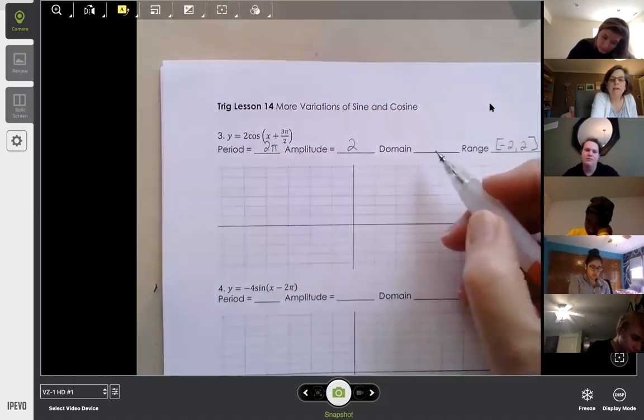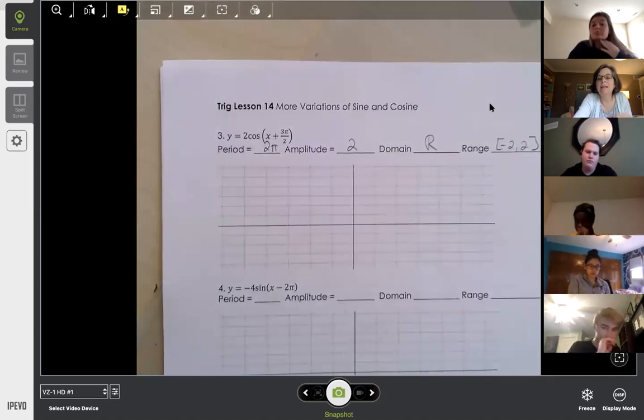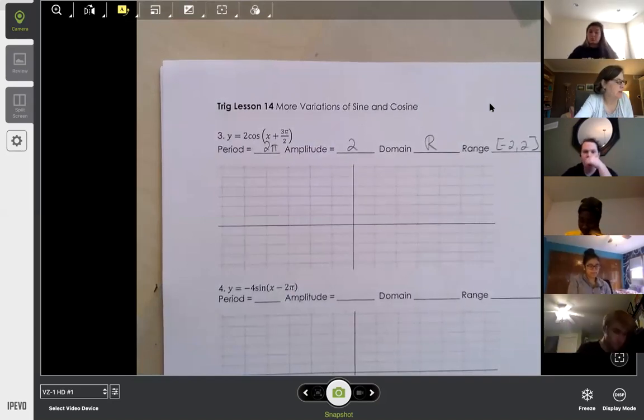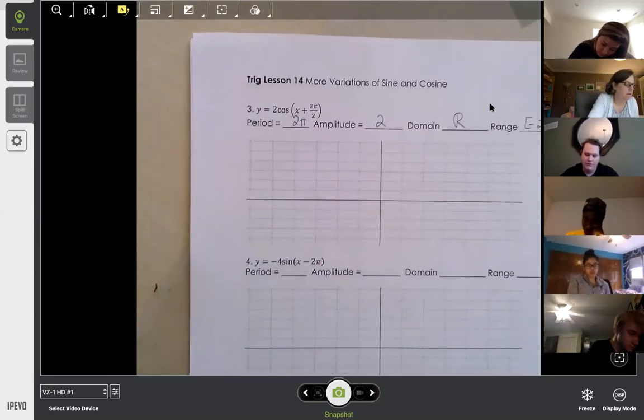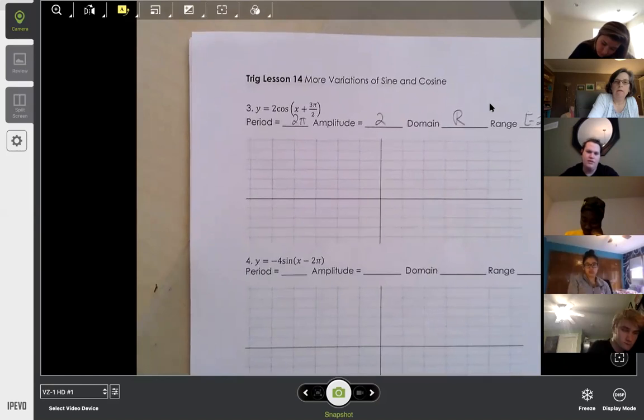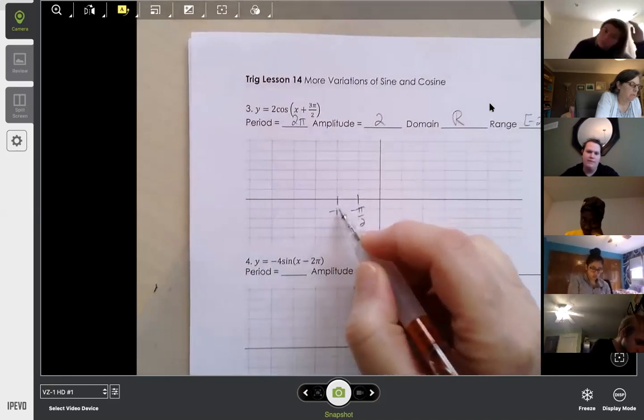And domain, of all reals. Never miss domain. It's always all reals on these. Every sine and cosine graph, it's all reals. All right, and then how does it move? It started at 3/2 pi behind the origin, and started up high, standard cosine from behind that.